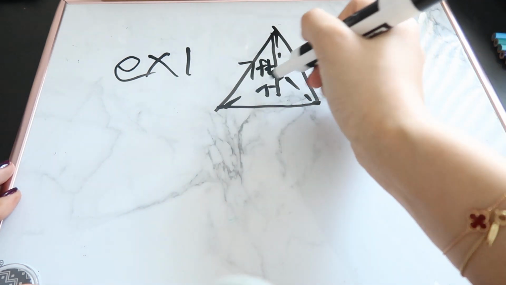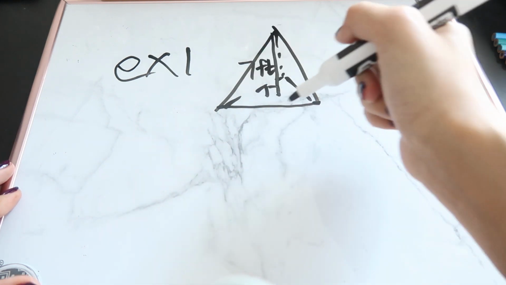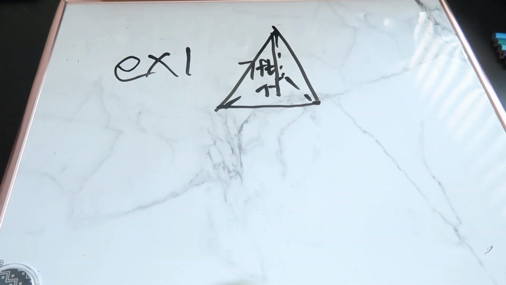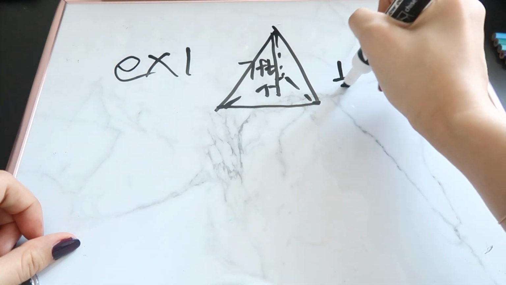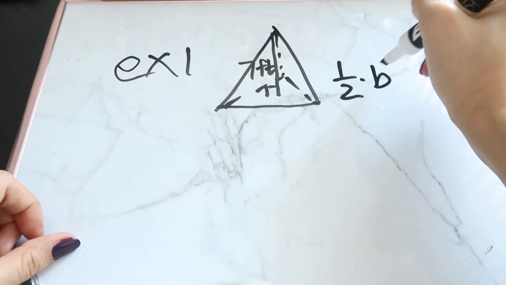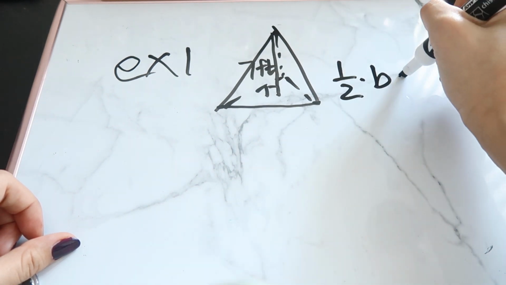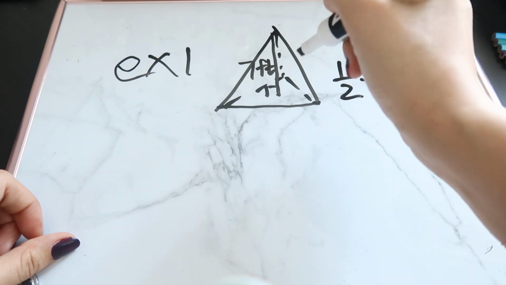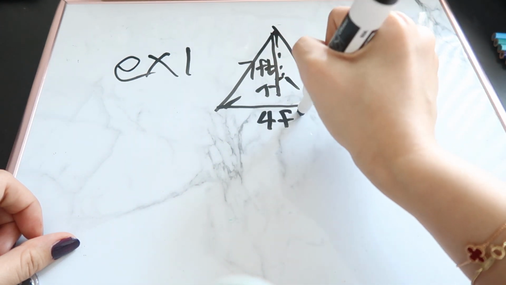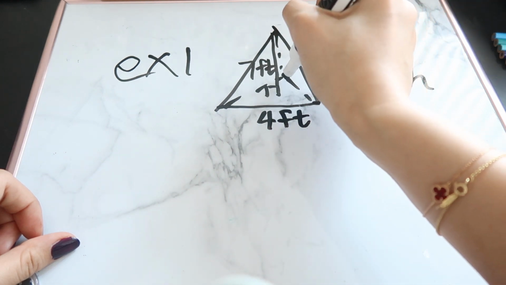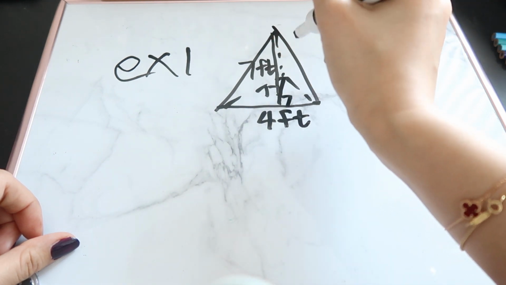And for this base, since it's a triangle, do we remember what's the area of a triangle? The area of the triangle is always 1/2 times small b, the base of the triangle, times height. And in this problem, it tells you the base is 4 feet, and the height for this triangle is 3 feet.